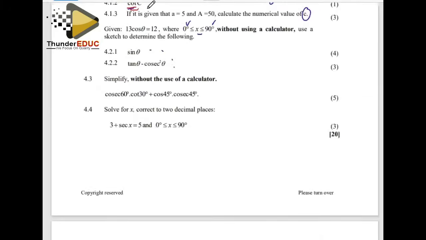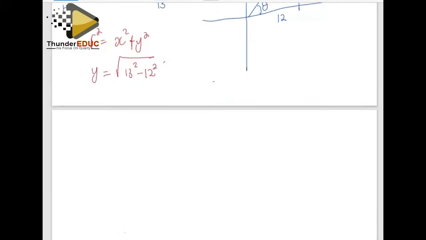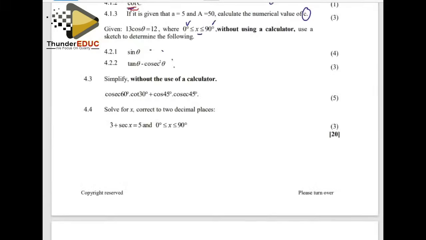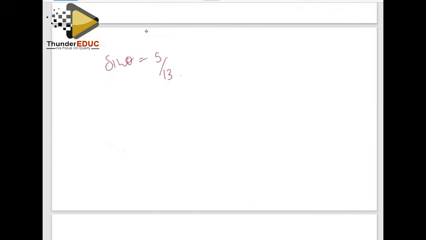Then if the sketch is finished, they want us to get the sine of theta. Sine is opposite over hypotenuse, so it's 5 over 13. Most of the marks are going to be for the sketch before you get the mark for the answer. Then tan theta minus cosec squared theta.